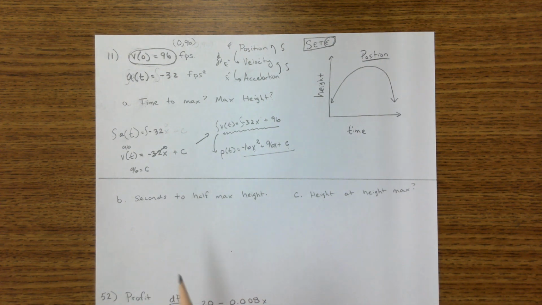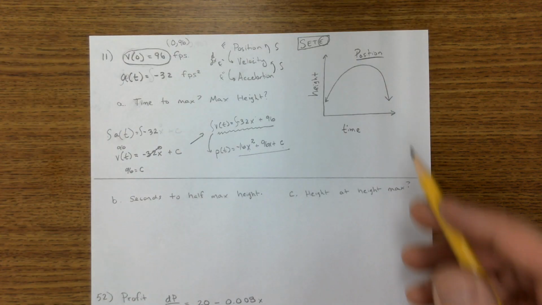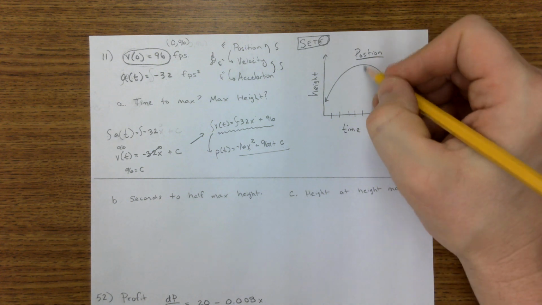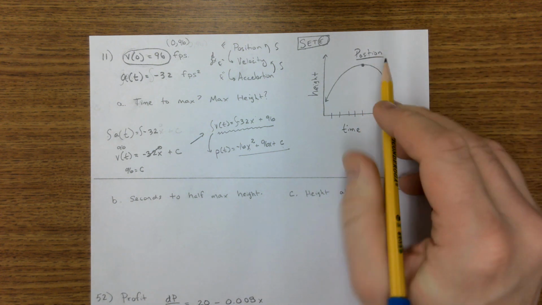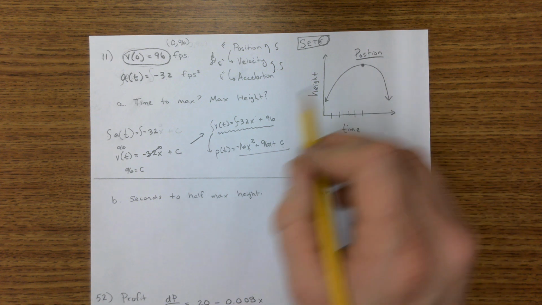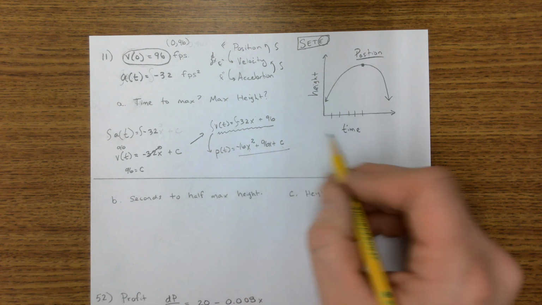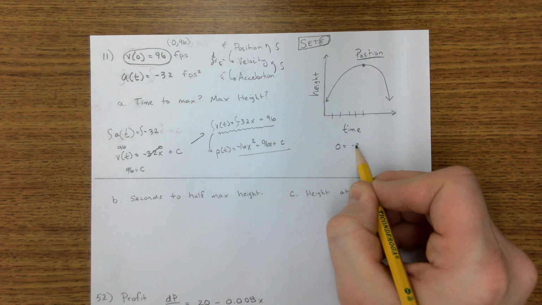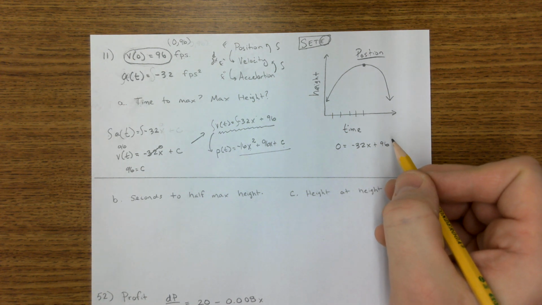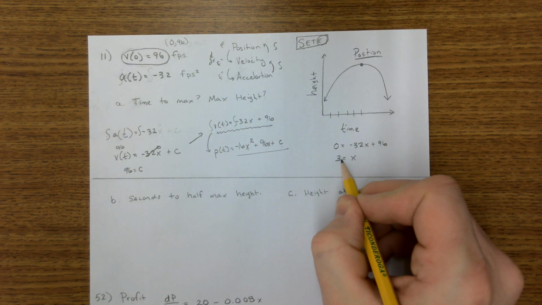But now we can answer these questions. Question A says, how long will it take the ball to reach its maximum height? Well, the ball goes up, and at this point there's some maximum height. And how did we do that in the past? Well, that maximum height is when the velocity is 0. So if you set the velocity equal to 0 and solve that equation, you will get x is equal to 3.